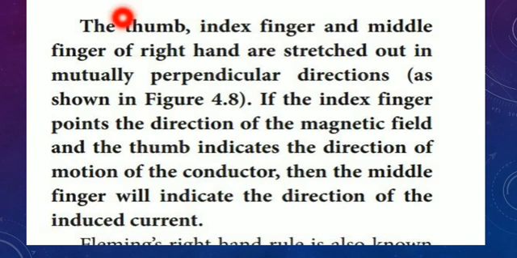Therefore we conclude, Fleming's right hand rule is: the thumb, index finger and middle finger of the right hand are stretched out in mutually perpendicular directions. If the index finger points in the direction of magnetic field and the thumb indicates the direction of motion of the conductor, then the middle finger will indicate the direction of induced current.